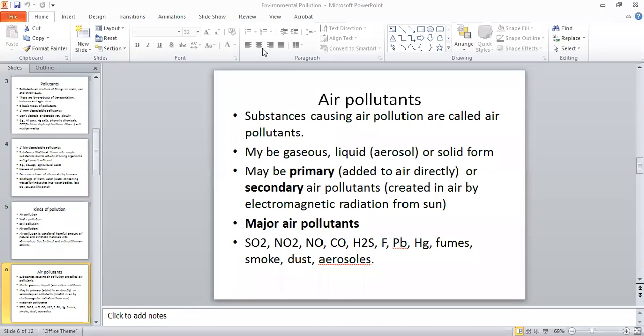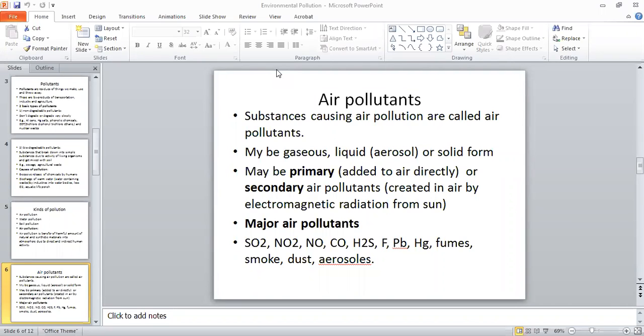Those will be said to be secondary pollutants. So primary pollutants are directly added into the environment, and when primary pollutants react with one another and change into other types of substances, they are termed secondary pollutants.